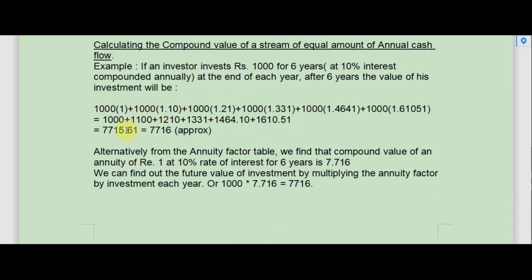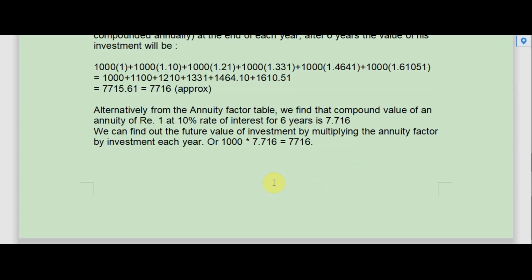See here that we had calculated the value as 7716, and by using the annuity factor we have also calculated the value as 7716. So using the annuity factor, we can find the future value of an equal stream of investment very easily.